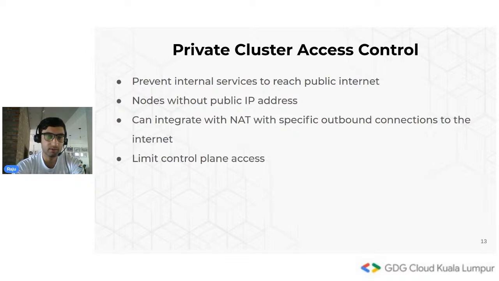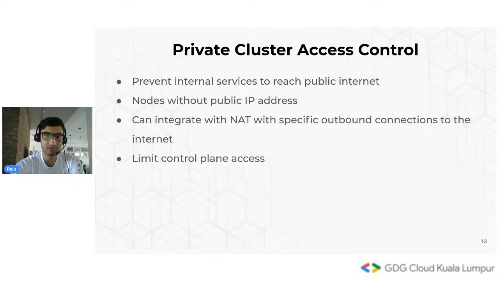That means our cluster is fully using internal resources within our own perimeter. We could even configure the cluster to use only Google resources. Let's say, for example, we want our internal Docker image to be used but not from the official Docker registry, then we can do that, using only internal resources.